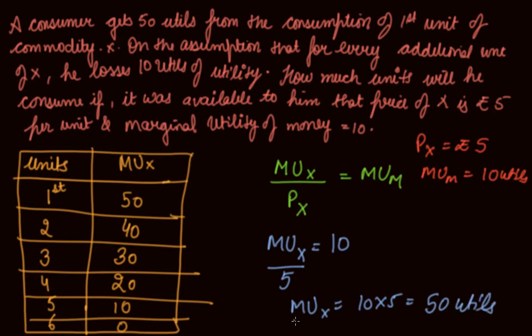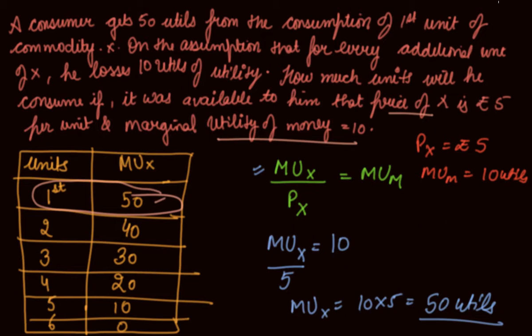So when your marginal utility of X is 50 utils, at that point the consumer is at its equilibrium. So the consumer is at its equilibrium at unit 1. So consumer will consume one unit in order to get maximum satisfaction of 50 utils given the following information to you. I hope you have understood this.